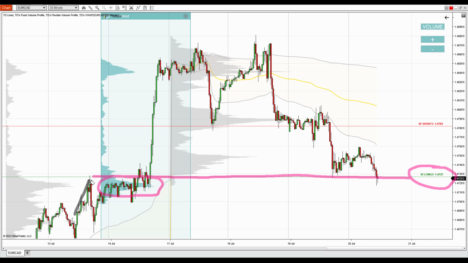Also, there was this rejection of higher prices, which told us that this was a resistance in the past, which turned into a support when the price blew past that resistance in here. So that trade was based on this combo of volume profile setup and price action setup.